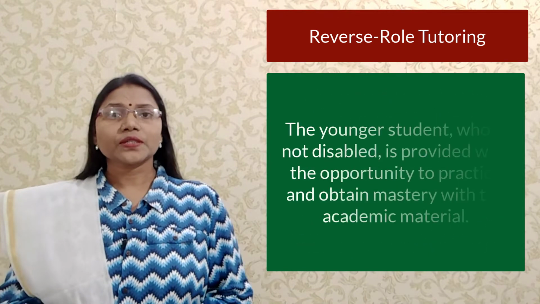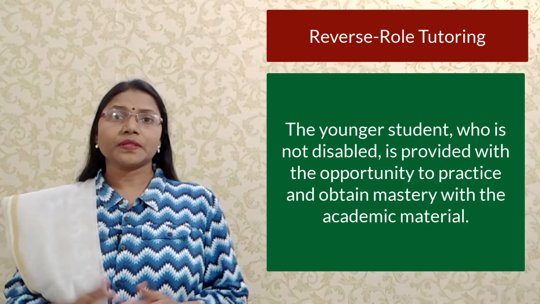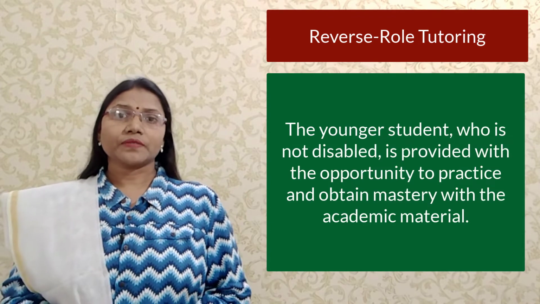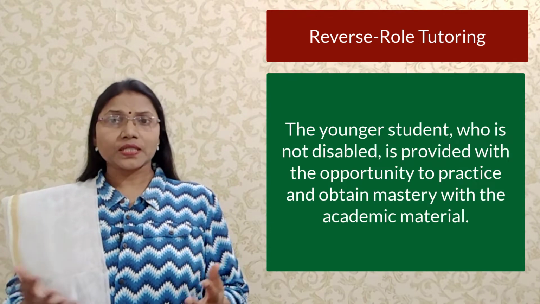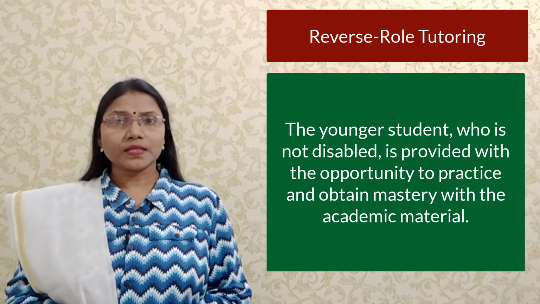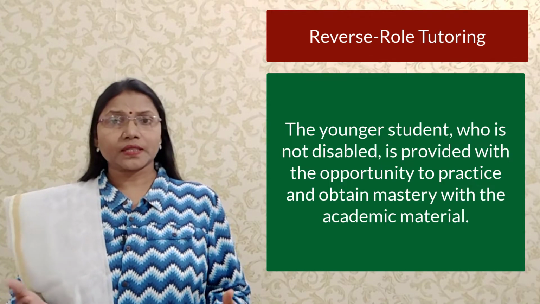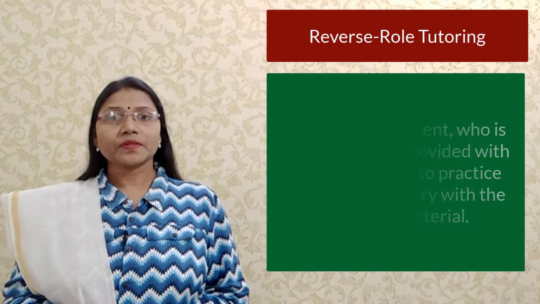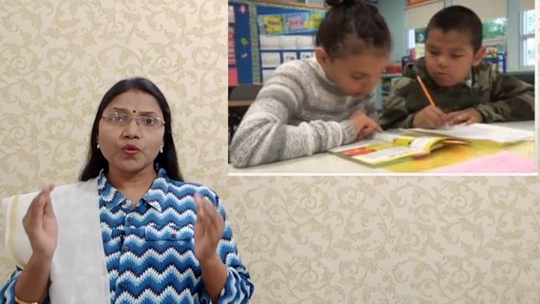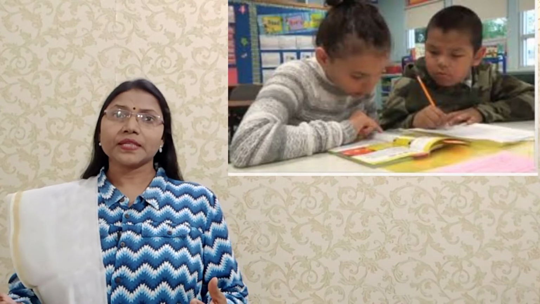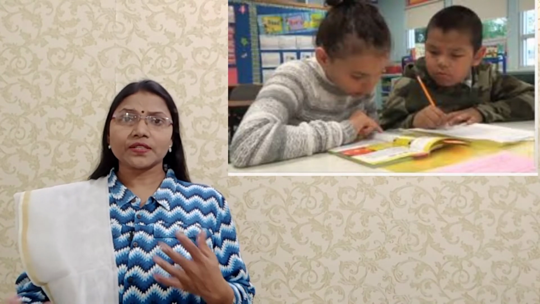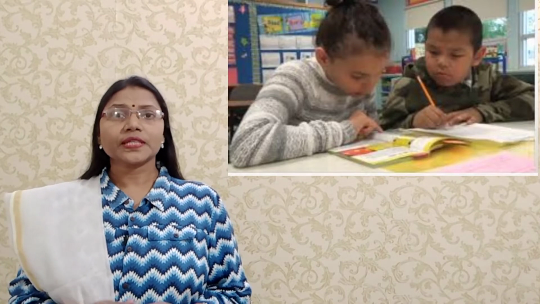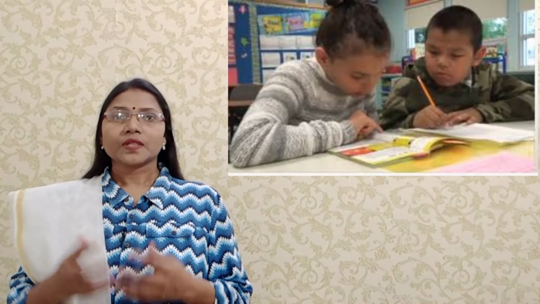The younger student who is not disabled is provided with the opportunity to practice and obtain mastery with the academic material. Data from research in this area has demonstrated that both students can benefit interpersonally from the one-on-one interaction in a tutoring situation.